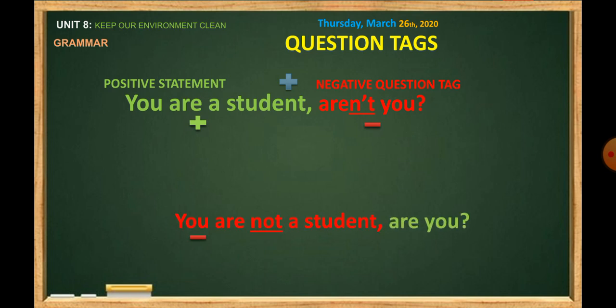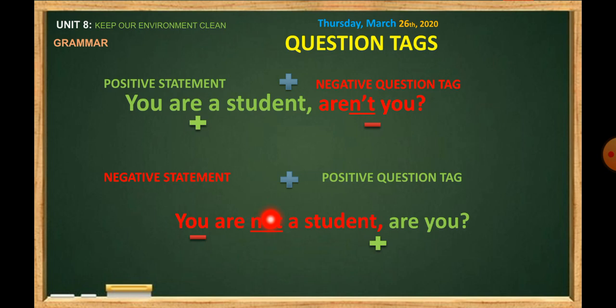Let's see the opposite. So we said the rule says when the statement is positive the question tag should be negative, and vice versa. When the statement is negative the question tag should be positive.